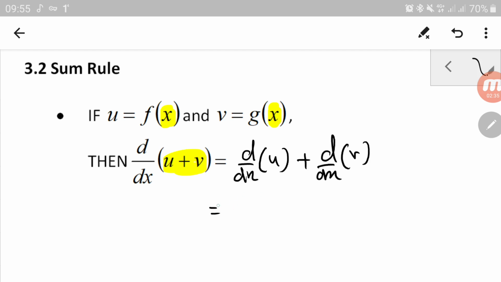Okay, so this is the rule. This rule also applies when we are subtracting the function as well.